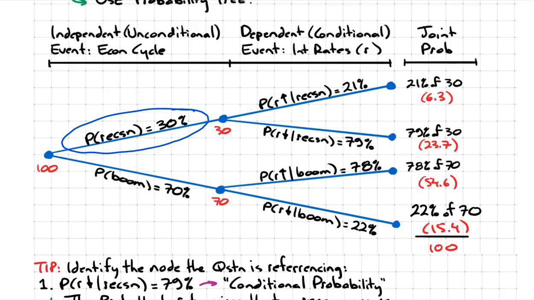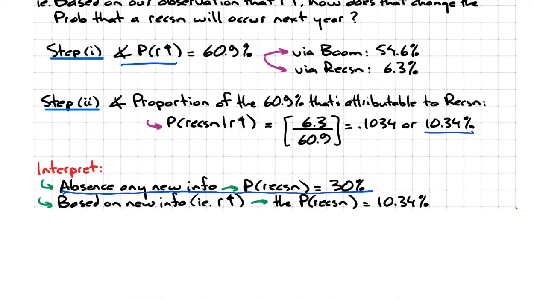What if you observe the central bank changing interest rates? How would that change your outlook for recession next year? And that's what this says. Based on new information, i.e. seeing the central bank raising interest rates, now our outlook, or the probability for recession next year, would only be 10.34%.